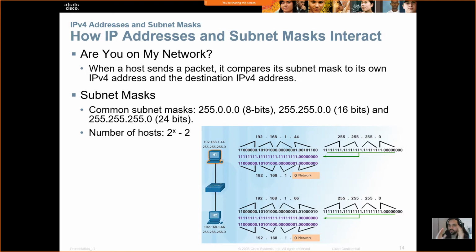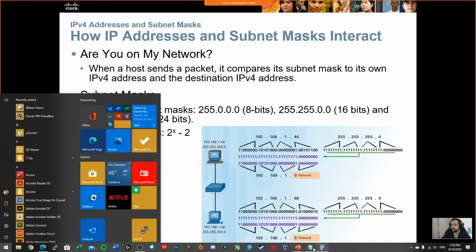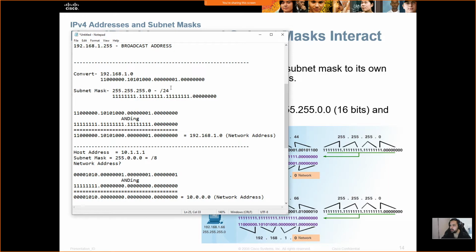So the number of bits that we have for the hosts is 32 minus the subnet mask. So if in this subnet mask I have 24 bits for the network, how many bits left do I have for the hosts? 8.